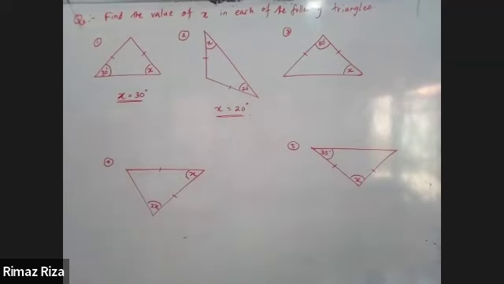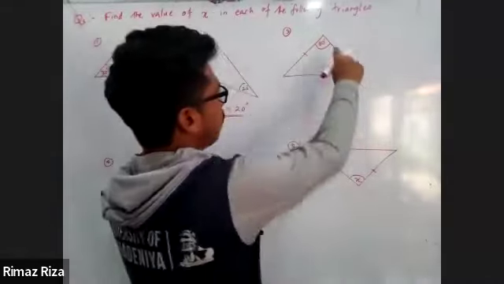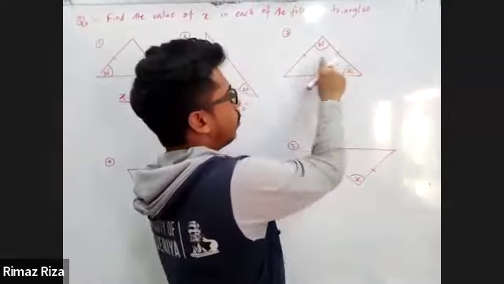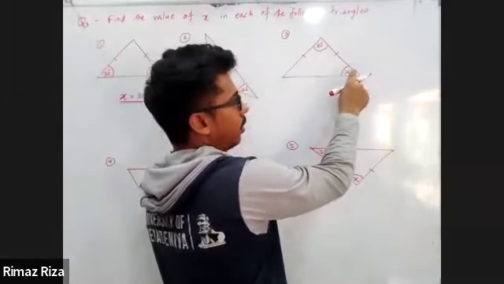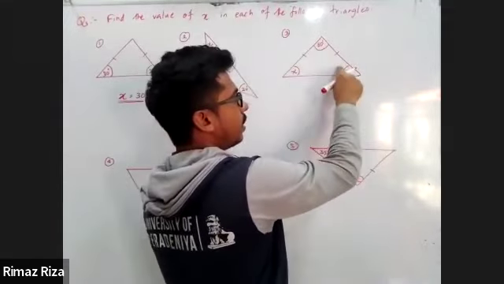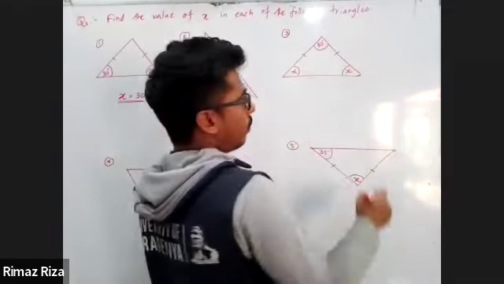It's wrong. These two are not opposite angles. So here the third one is an isosceles triangle. This side is equal to this side, so this angle is equal to this angle. If this angle is x, this angle is also x. And then we know the total internal angle is 180.